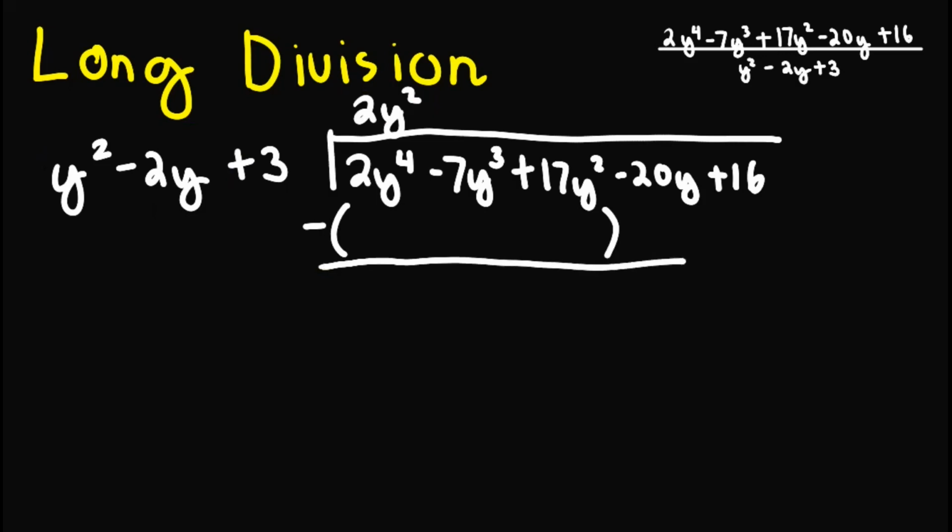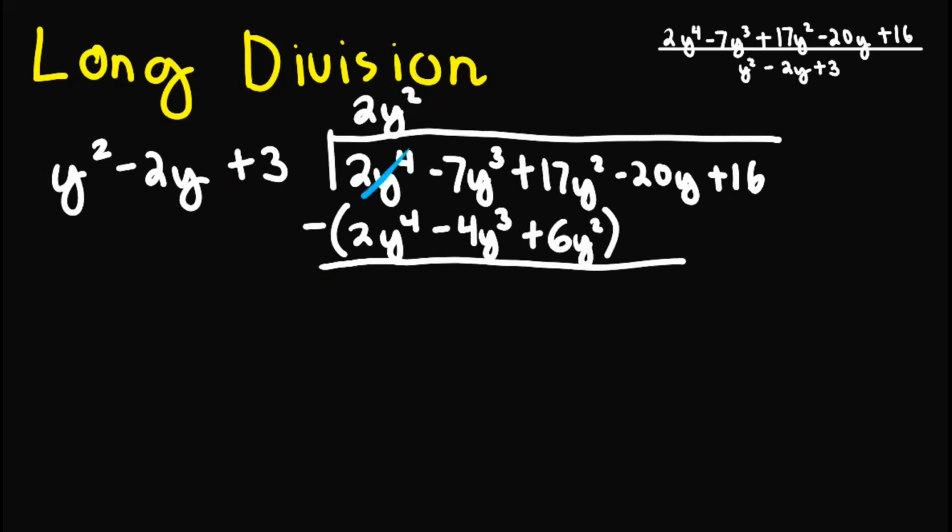So 2y squared times y squared is 2y raised to 4. 2y squared times negative 2y will give us negative 4y cubed. And 2y squared times 3 will give us plus 6y squared.